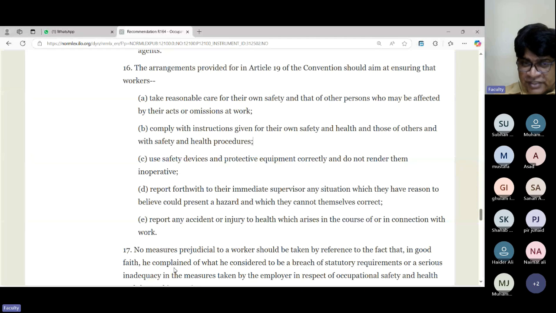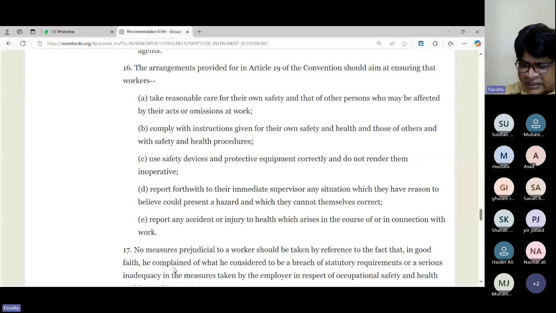So such safety integrated devices, along with the required protective equipment provided by the company, should be used correctly. That is what the statement says. And do not render them inoperative. See, what happens is that some company workers, out of some untoward thinking, ensure that the PPEs are not working properly.